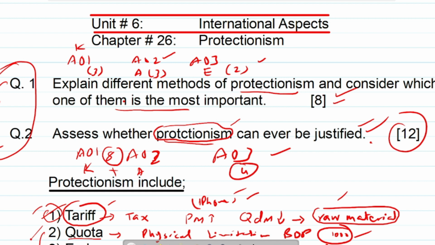So for both you have to give knowledge, analysis and evaluation, right? When you are answering question number 2, again you have to give knowledge of protectionism and different methods of protectionism, and then analyze how these methods can be justified. When we say justified, it means why they are important, how they correct balance of payment deficit, how they help the local industry to flourish, right?